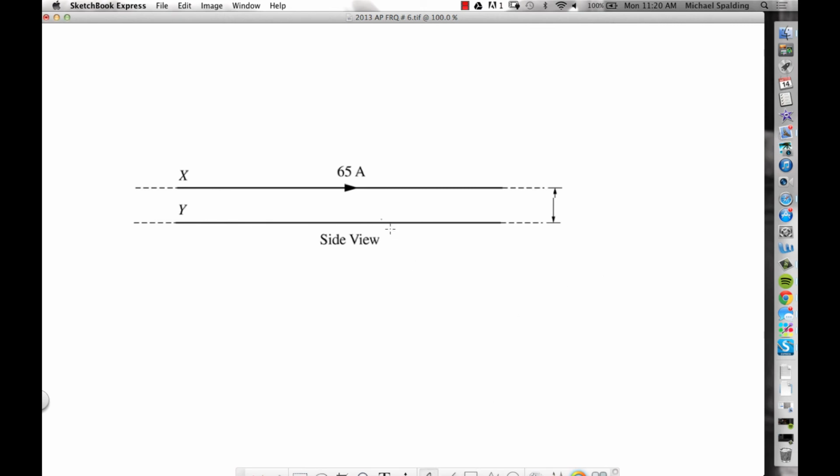Look, is mg going to change? Is that going to change mg? No. Will it change the force of the magnetic field? Yeah, because why? What's happening as we get closer to wire X? The magnetic field gets stronger, because remember, wire X is the source. In this problem, wire X is acting as the source of the magnetic field.